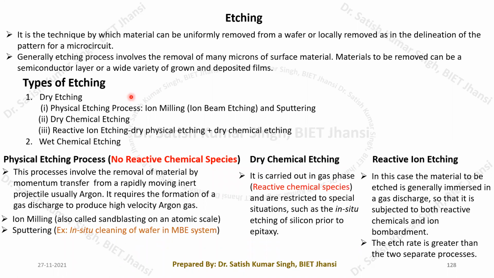So today in this lecture, we are going to see the etching process. As I explained in many previous videos, the etching process is what we generally follow to remove certain layers while fabricating certain devices.